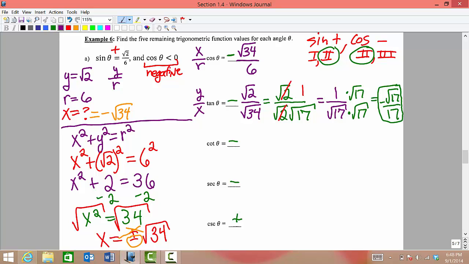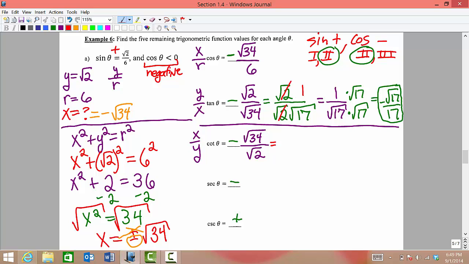Cotangent is the opposite, that is x divided by y. And x would be the square root of 34, and our y value is the square root of 2. We're going to do the same thing just in the opposite direction. We're going to simplify.